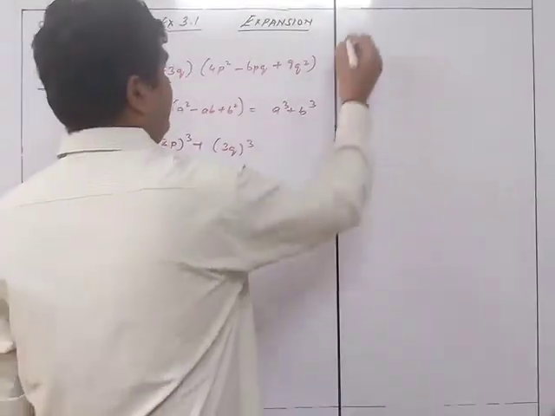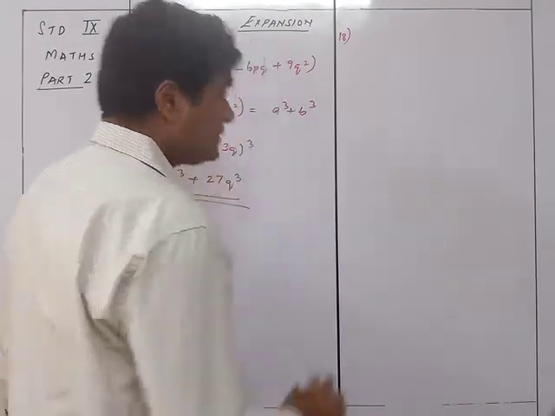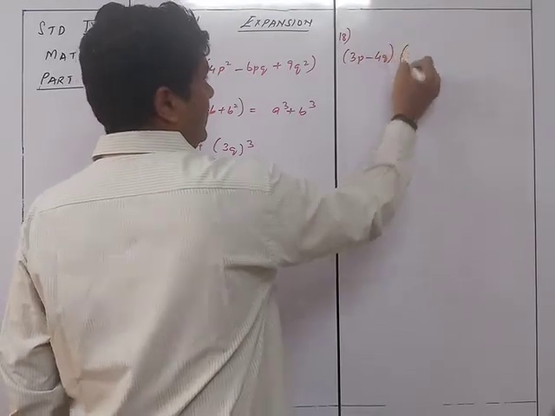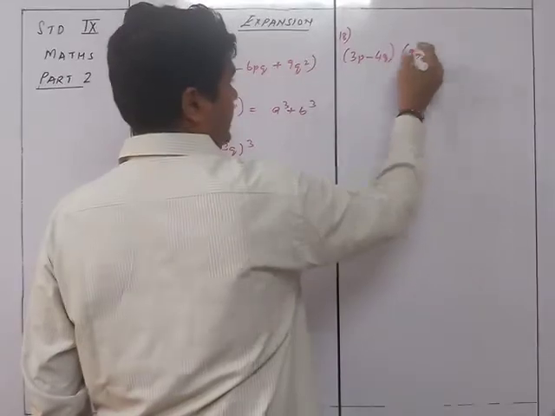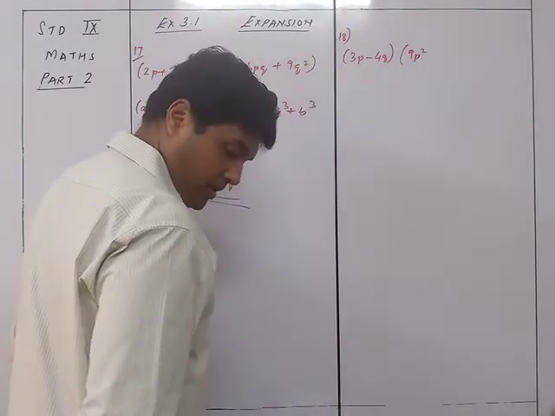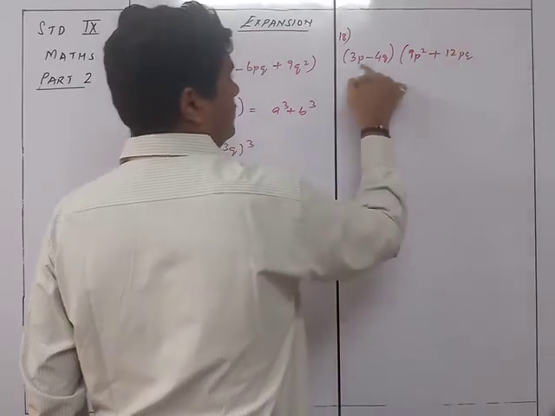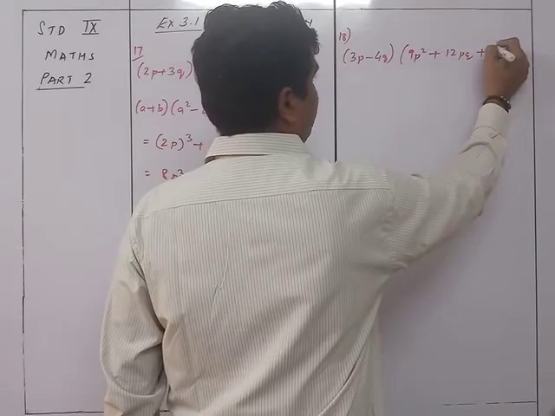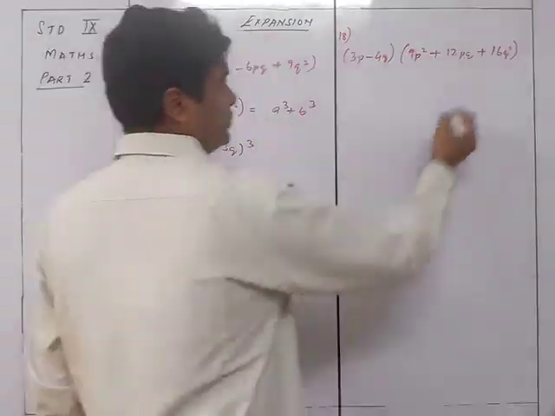Sum number 18, a similar one. (3p - 4q) into 9p square, again a square, plus 12pq, that is also multiplication of 2, perfectly right, and then plus 16q square. Is it 16q square in the sum? Yes, it is 16q square.